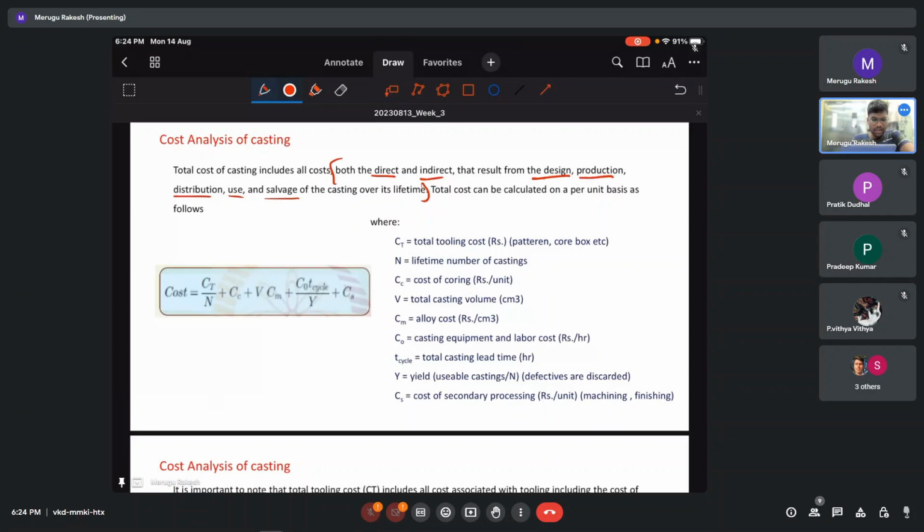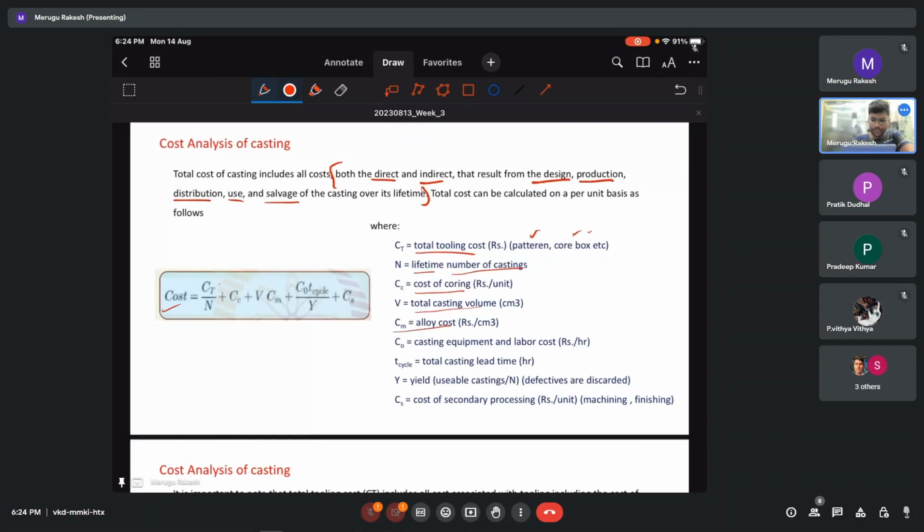Nothing is discarded. So this cost is given by CT by N, where CT is the total tooling cost, such as pattern and core boxes. We will see how it is calculated. N is the lifetime number of castings. CC is the cost of coring. V is the total casting volume. CM is the alloy cost. C naught is the casting equipment and labor cost, and T cycle is the total casting lead time.